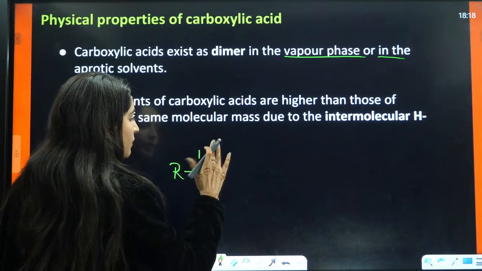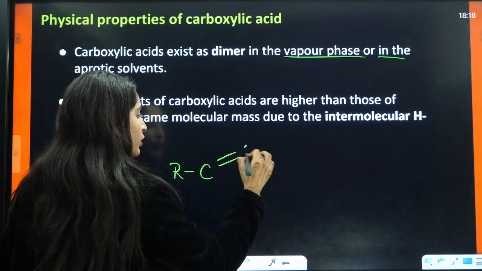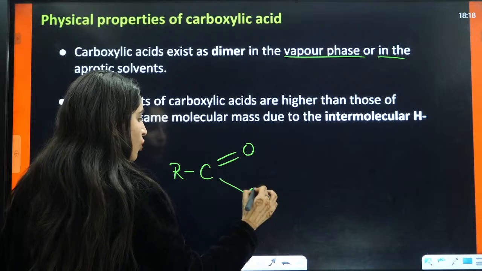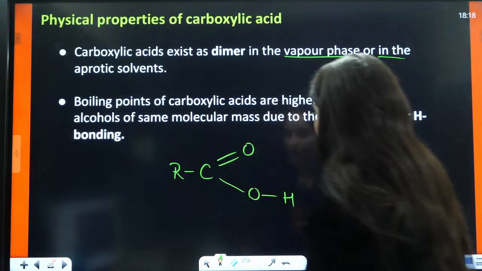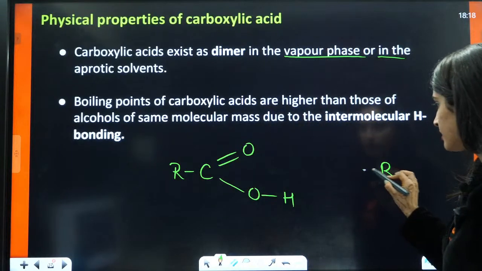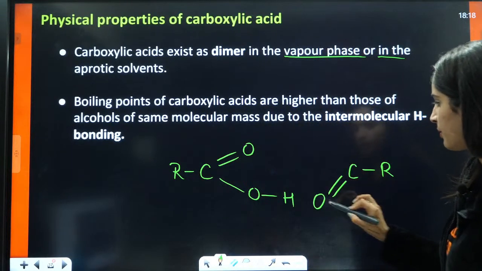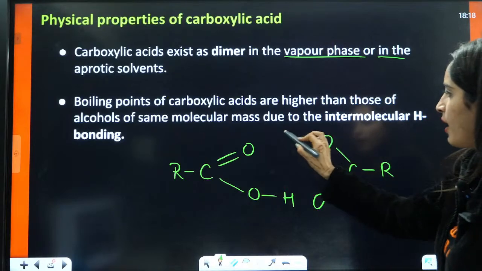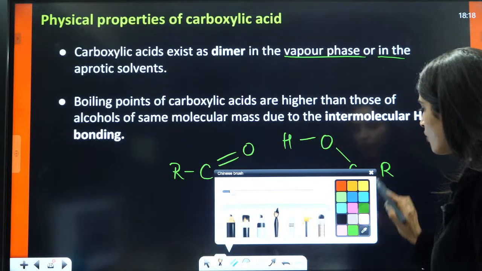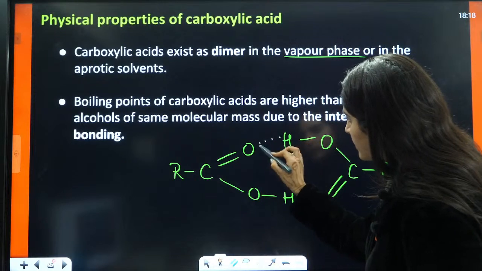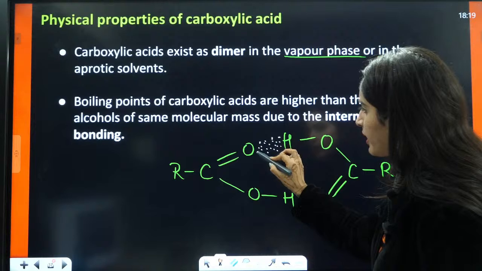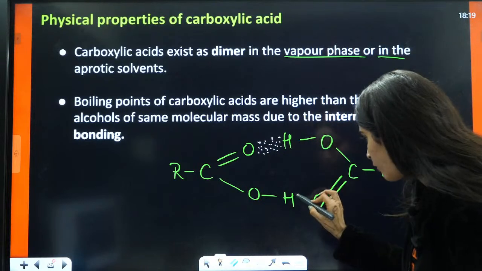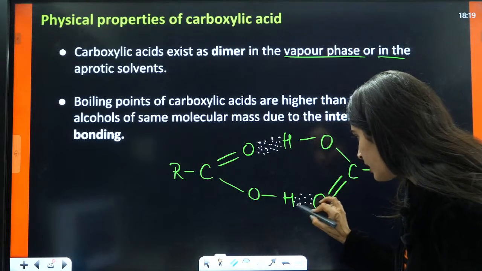So this is C double bond O, C double bond O, and this is OH. Then you have another molecule, that is R, C double bond O. This is O and this is H. Now what you will see, this will have hydrogen bonding here, and this will also have hydrogen bonding here.